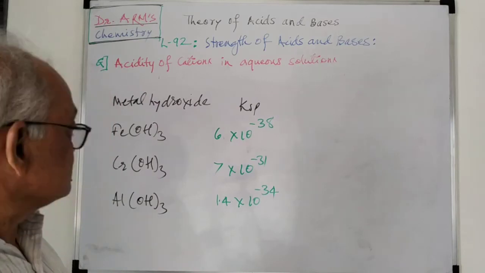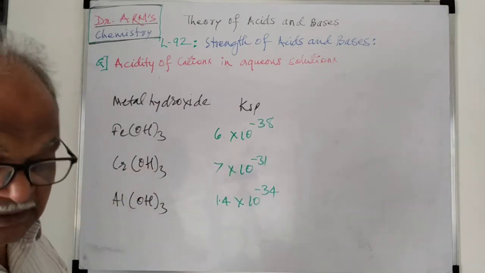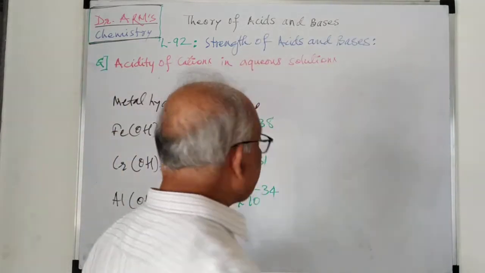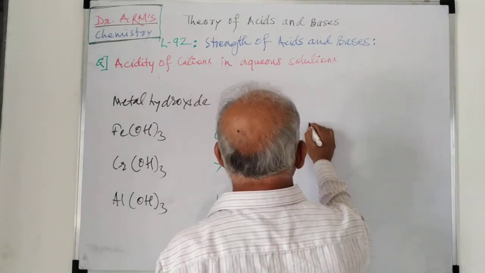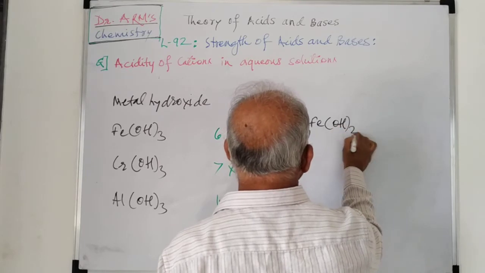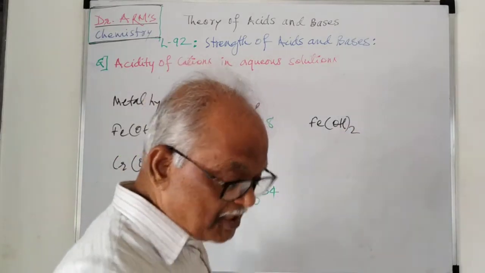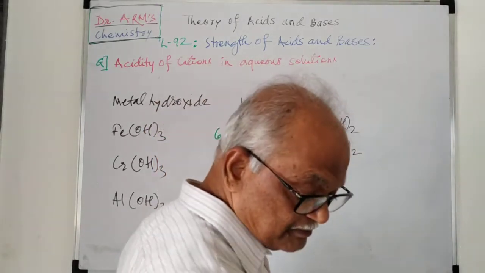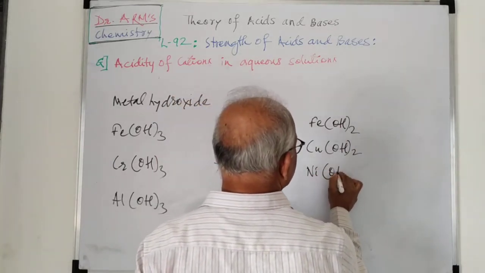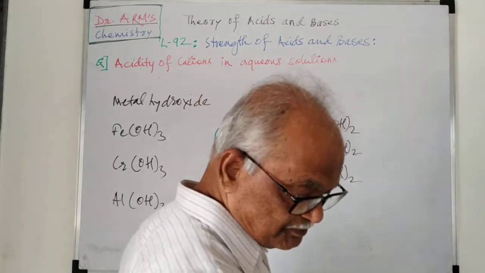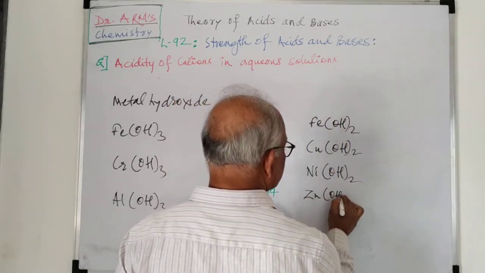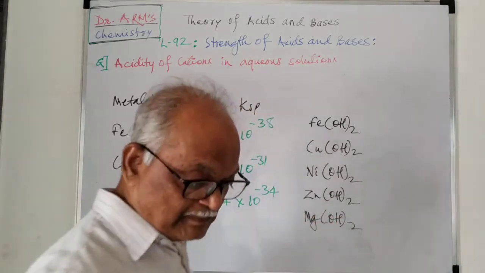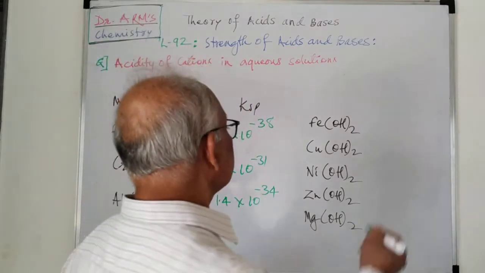Now if we compare this with the metal ions which have +2 oxidation states, that is, if we consider Fe(OH)2, then we will see Cu(OH)2, then nickel Ni(OH)2, then zinc Zn(OH)2, then Mg(OH)2. So these are various hydroxides and their Ksp values.